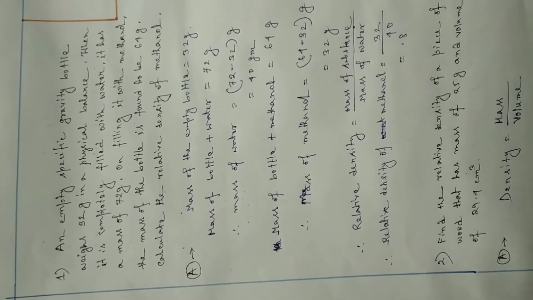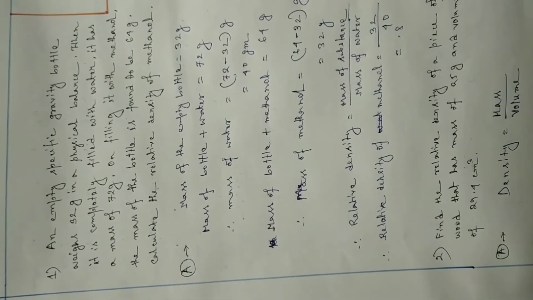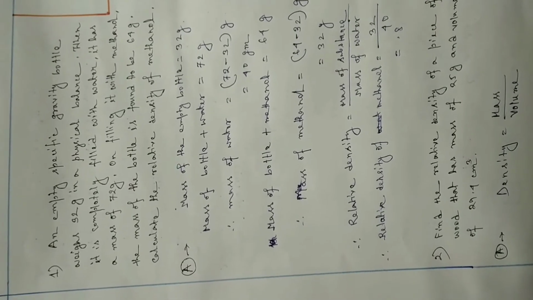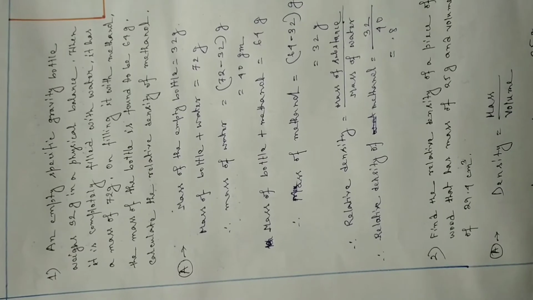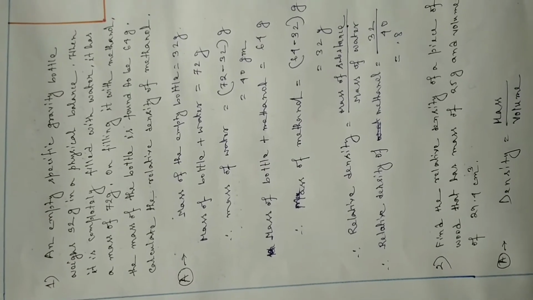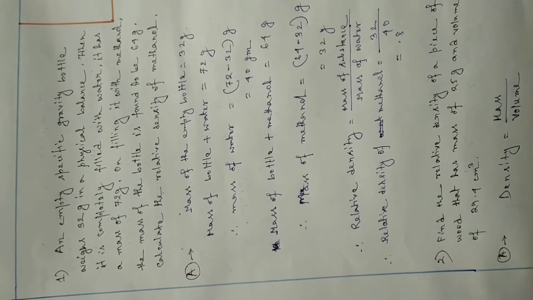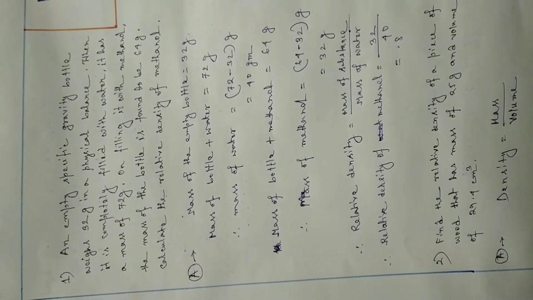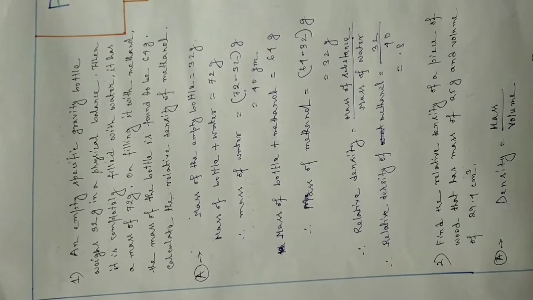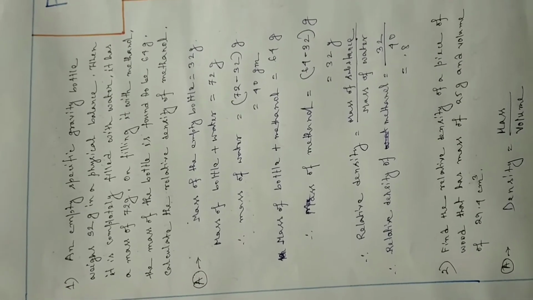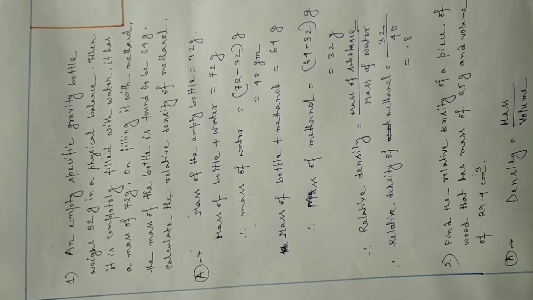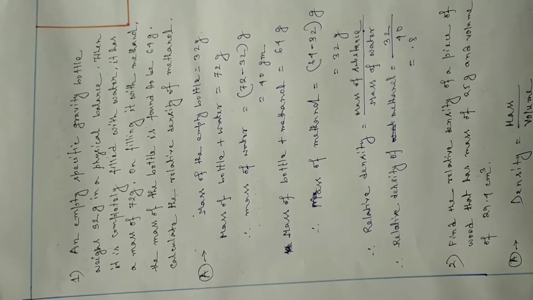An empty specific gravity bottle weighs 32 gram in a physical balance. That means the weight of the bottle is 32 gram. When it is completely filled with water, it has a mass of 72 gram. On filling it with methanol, the mass of the bottle is found to be 64 gram.